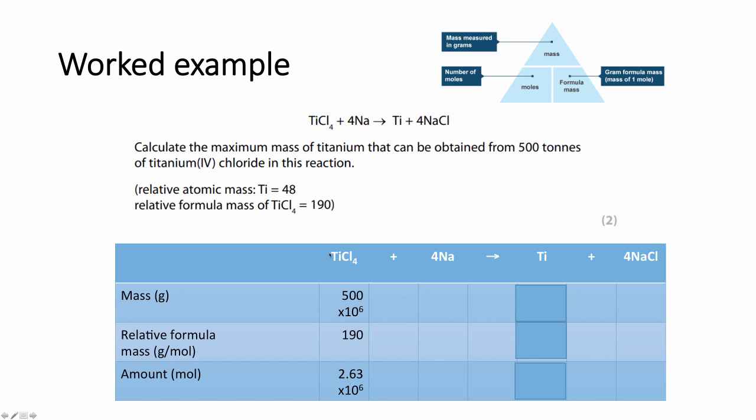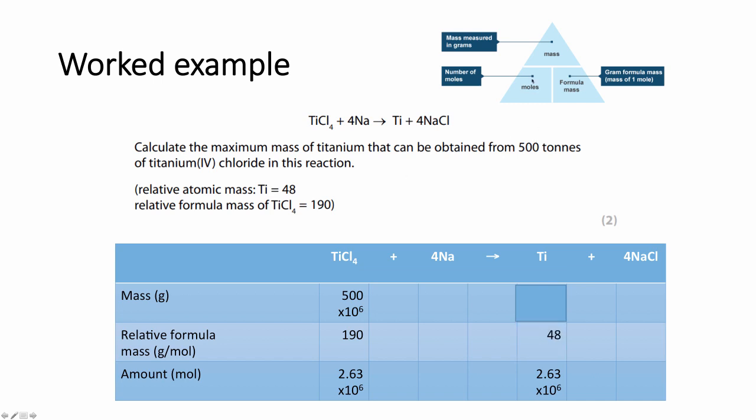The equation says that 1 mole is equal to 1 mole, but we don't know that we've got 1 mole. We've worked out we've actually got 2.63 times 10 to the 6, but the ratio is the same. So if 1 mole makes 1 mole, 2.63 times 10 to the 6 will make 2.63 times 10 to the 6. And then now we need to work backwards. So now I've got my amount and I've got the relative formula mass given to me by the question, you can see, of 48.